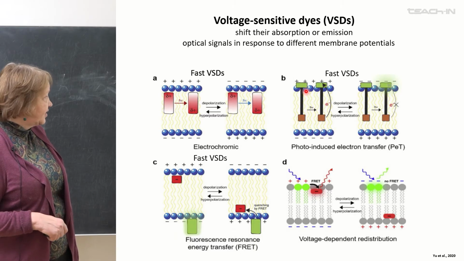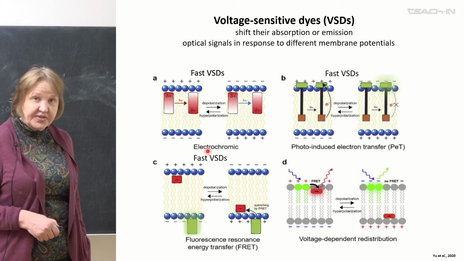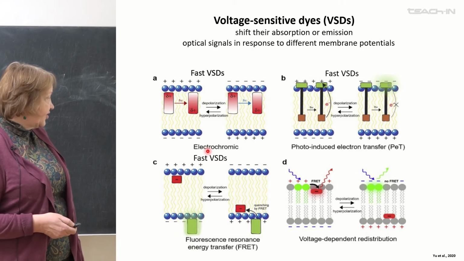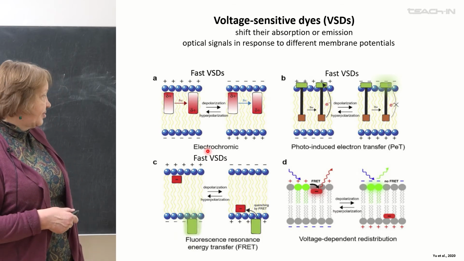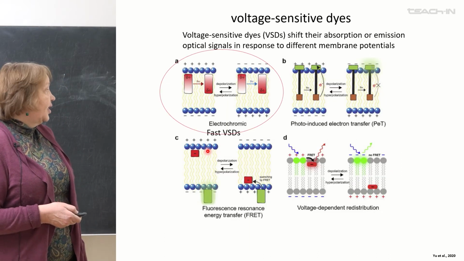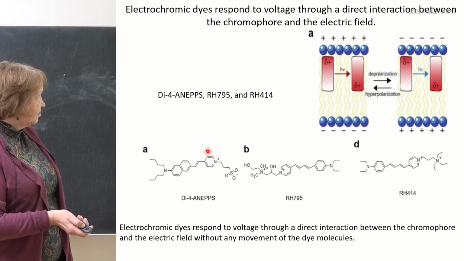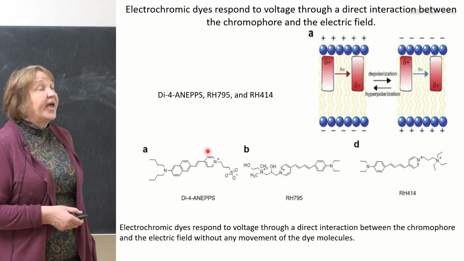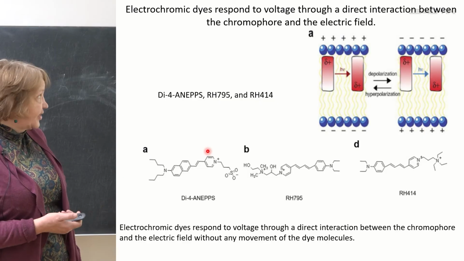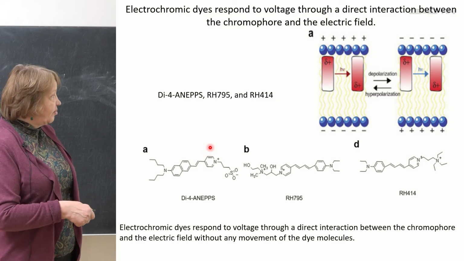Fast voltage sensitive dyes include electrochromic, also photo-induced electron transfer dyes, fluorescence resonance energy transfer, which I already talked about a little bit, and voltage-dependent distribution. So electrochromic dyes. They respond to the change in voltage through direct interaction between chromophore and electric field. So here is our chromophore.